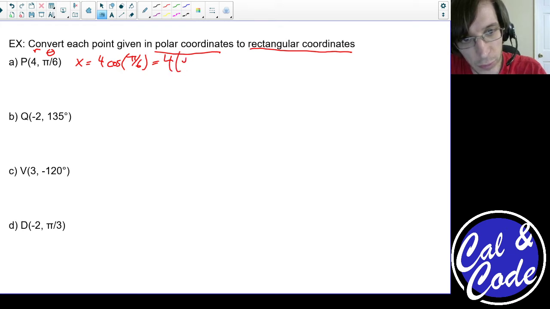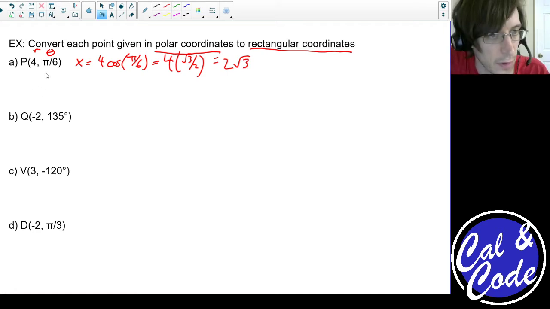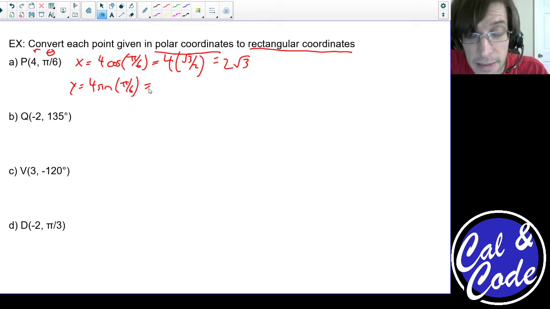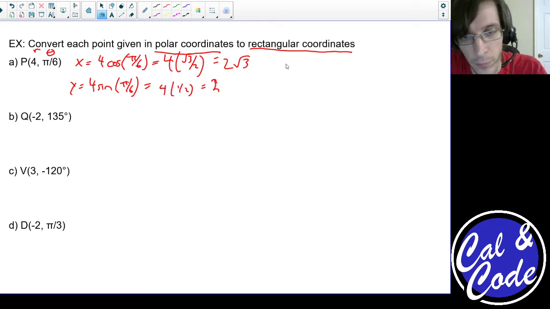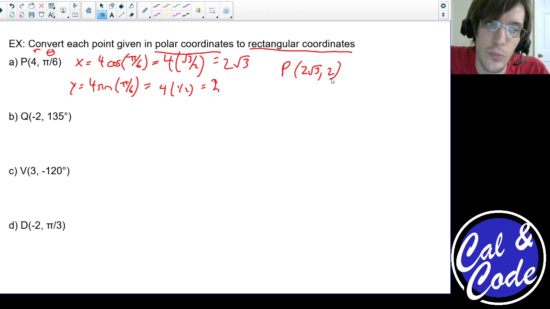So 4 times square root of 3 over 2 is 2 root 3. For y, it's 4 sine of pi sixth, and the sine of pi sixth is 1/2, so 4 times 1/2 gives you 2. So my rectangular coordinate for point P is 2 root 3, 2.